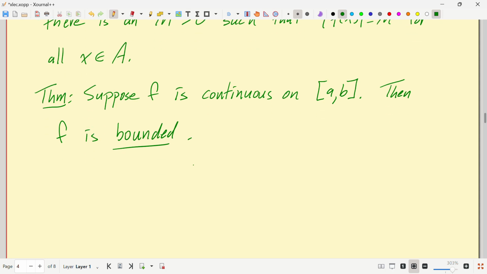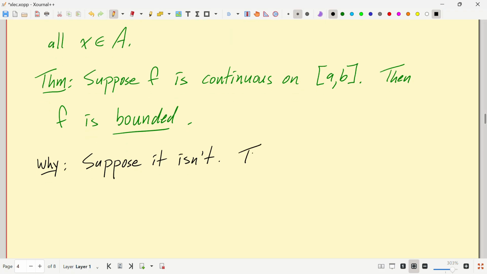Okay, well, let's think about it. Suppose it isn't. Then it's not bounded by 1, for example.